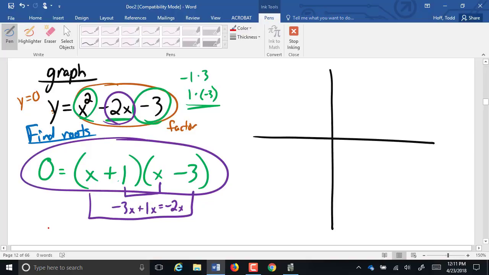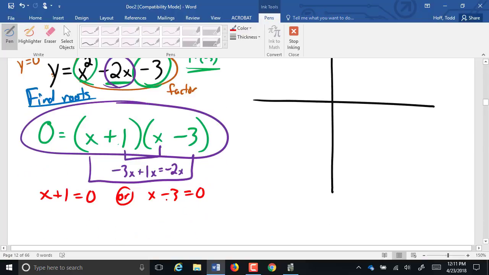So our roots then are at x plus 1 equals 0 or at x minus 3 equals 0. We solve this one by subtracting 1 to get x equals negative 1, or solving this one by adding 3 to get x equals positive 3. So up here we've got negative 1, there's a root, positive 3, there's a root.